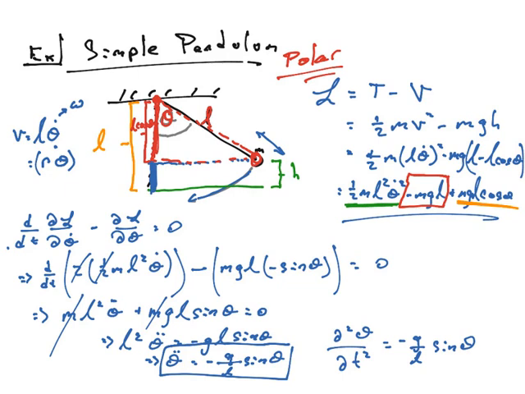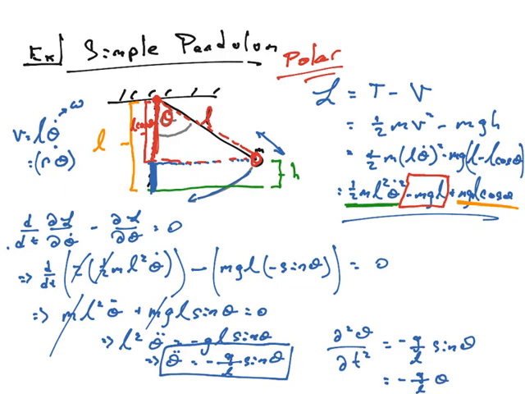So usually this is where we start making our approximations, which we talked about early in the semester. We might use something like the Taylor series approximation and say, look, sine theta for small angles, I could write it as theta. And so maybe I'll write this as minus g over L theta.